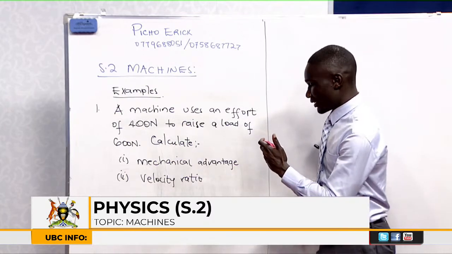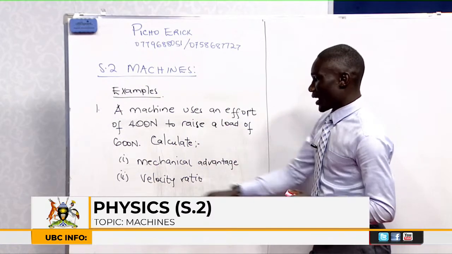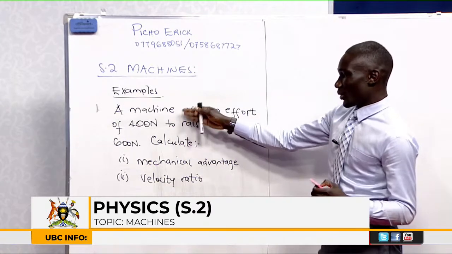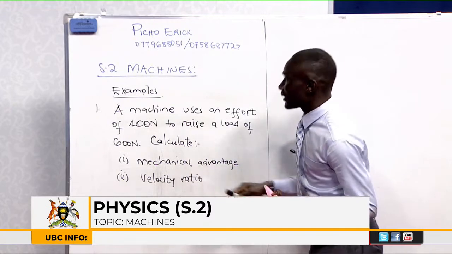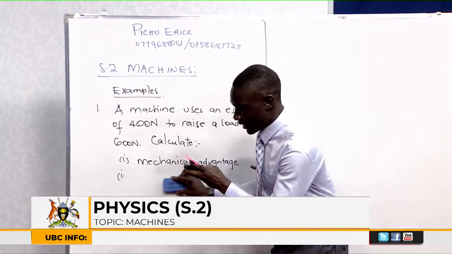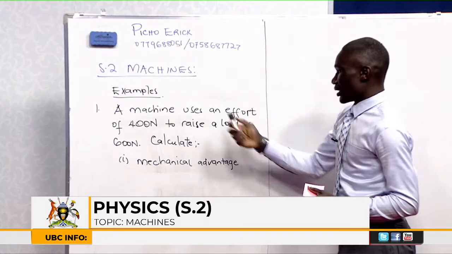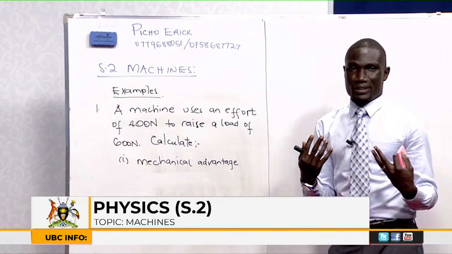Calculate, we need its mechanical advantage. Sorry, the velocity ratio, we are not going to calculate, because what we need to calculate the velocity ratio is not in there, but we are just calculating the mechanical advantage. Velocity ratio is in the next example.